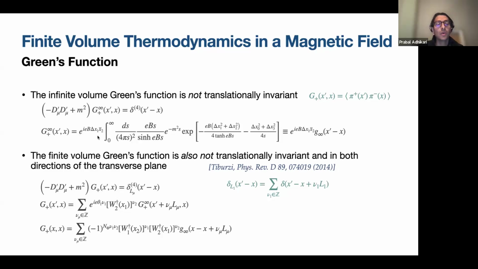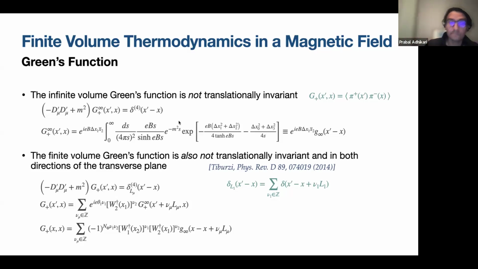And this arises through this exponential here, where delta x1 is x1 prime minus x1. And an x2 bar here is the average of the second coordinate for the source and the sink. And the reason x2 bar is what breaks translational symmetry is because of our choice of gauge, which is proportional to x2. Okay, so this Green's function has a translationally invariant piece and a translationally non-invariant piece.